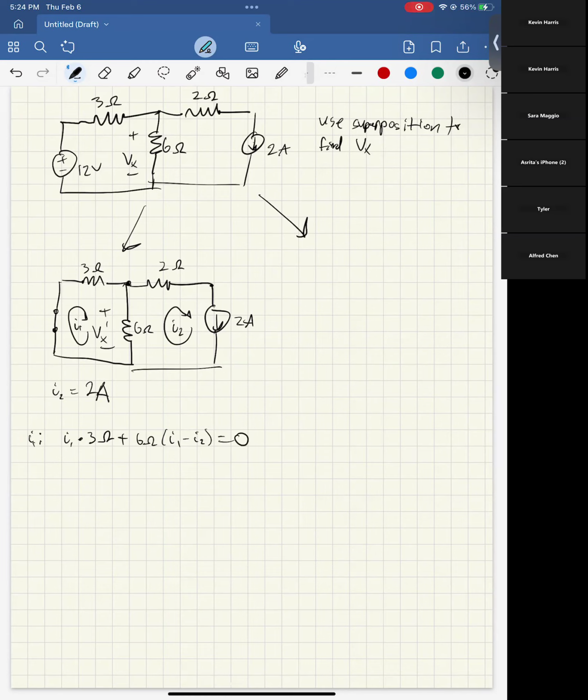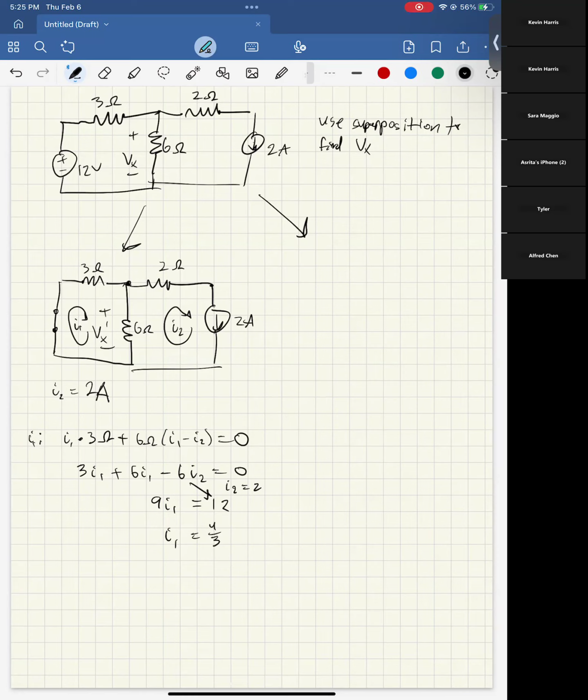Simplifying, 3I1 plus 6I1 minus 6I2 equals 0. I2 we know is 2 amps, so this is just 9I1 equals 12, because I2 equals 2. And then I1 would be 12 over 9, which is 4/3.